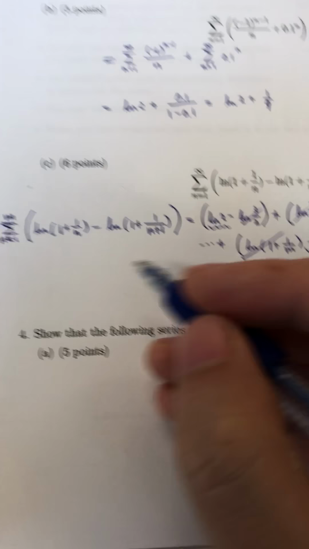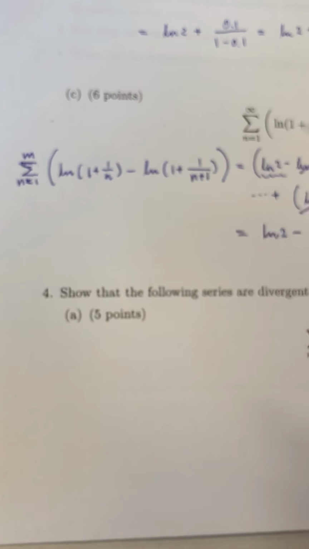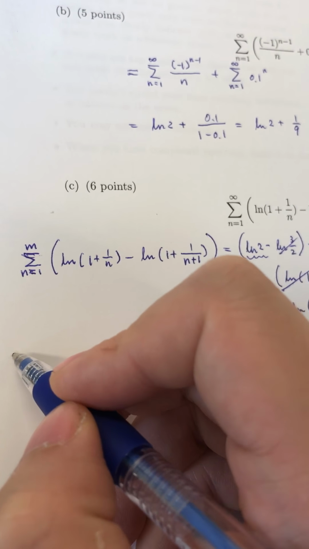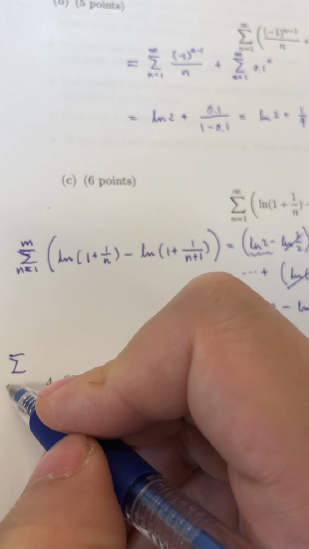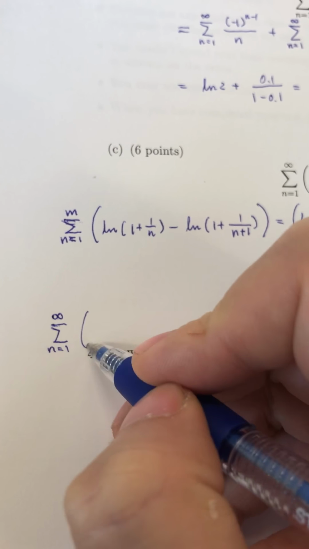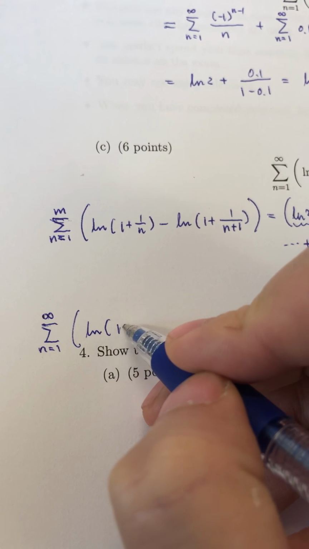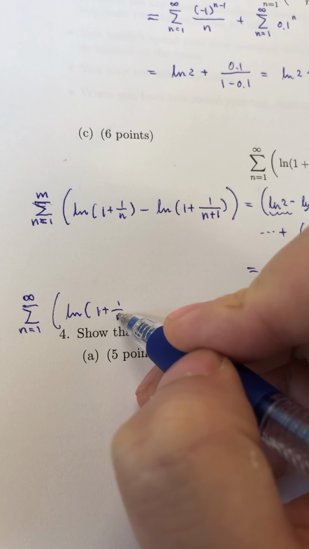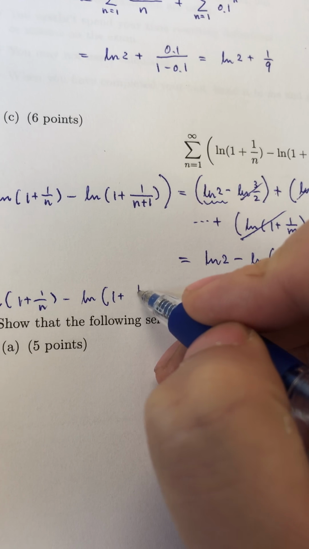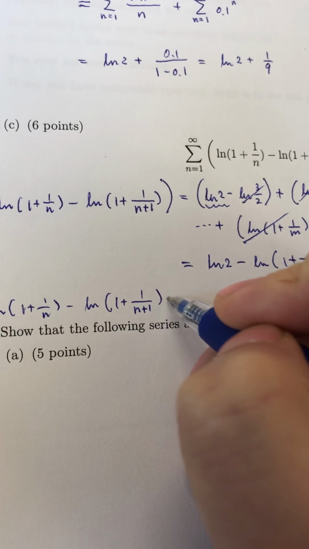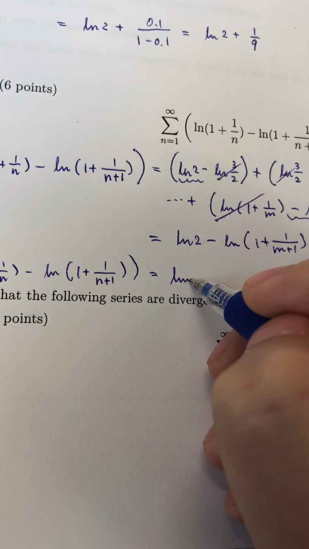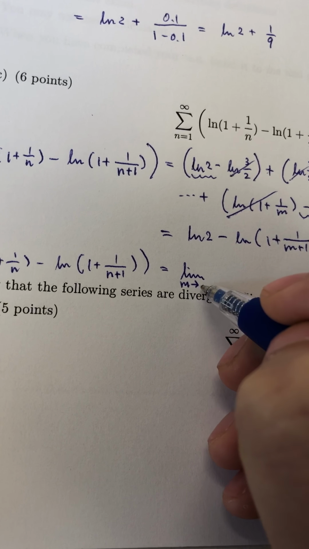The second step, taking the limit to find the sum of the series. It's a limit when m goes to infinity.